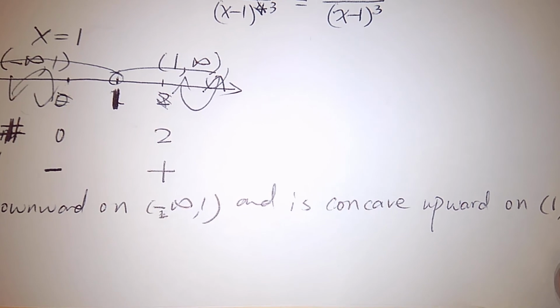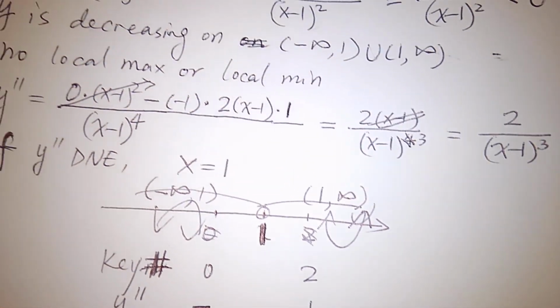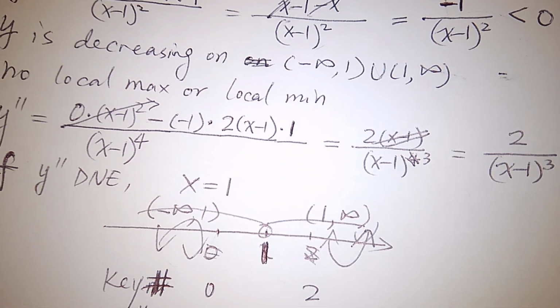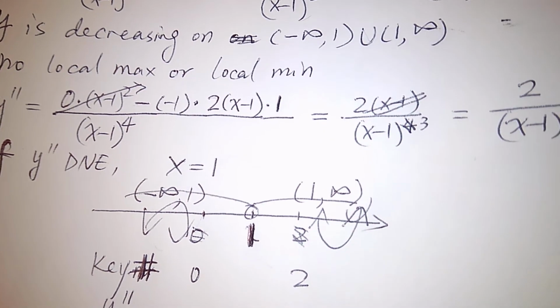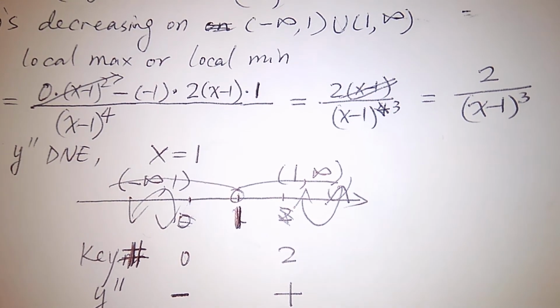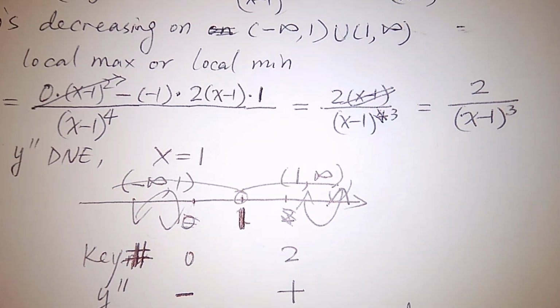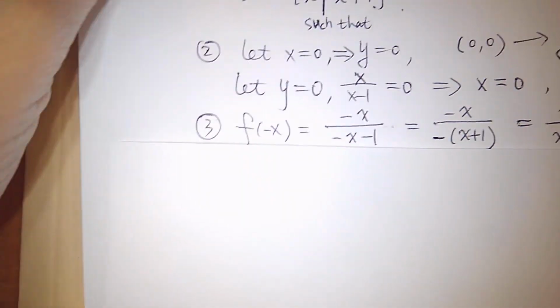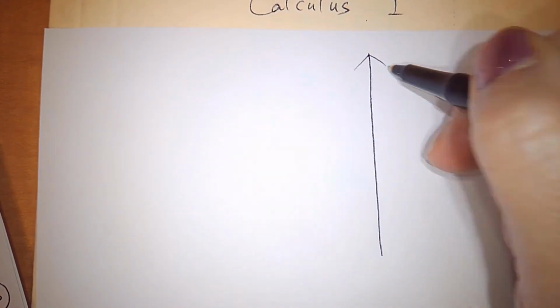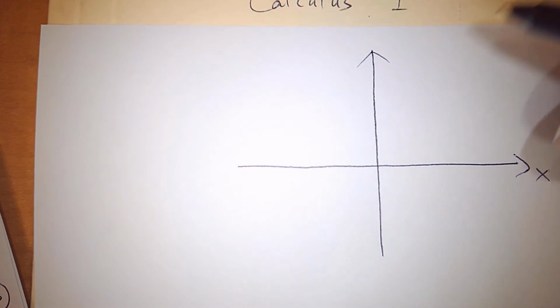Alright, we're very happy right now because we're done with all of these checkings. Eventually, let's draw the picture. Do I have another spare paper? I hope so. Alright, yes I do. Okay, so let's start to graph. What you do is draw the xy plane.